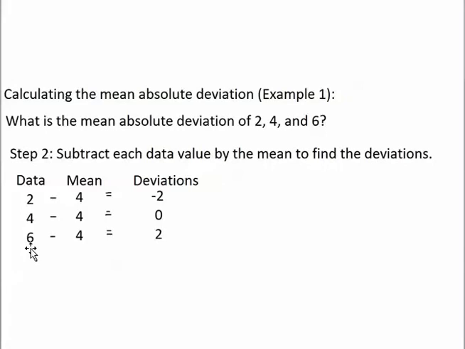This data value of 6 is 2 above the mean of 4. So this deviation of +2 right here means that this value is 2 above the mean. This data value of 4 is equal to the mean. So any data value that's equal to the mean has a deviation of 0.